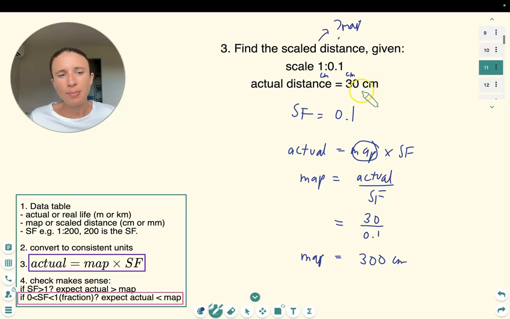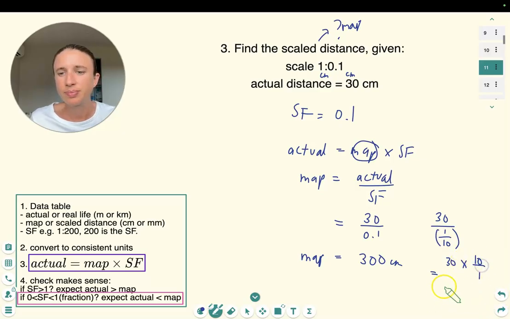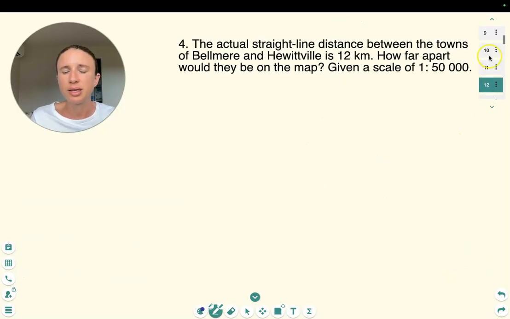So what happens here is that we need to check that our answer makes sense. If our scale factor is a fraction, we're actually going to have our actual distance less than our map distance. So just check that makes sense in your head. I will show you why, because 30 divided by a tenth, right? That's what 0.1 is. Divide by a fraction means timesing by the flip of it. That's why we get a bigger number. So just showing you that there.